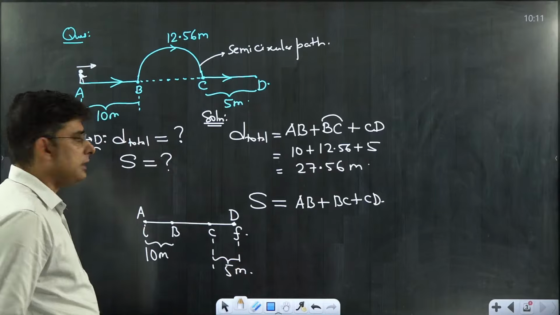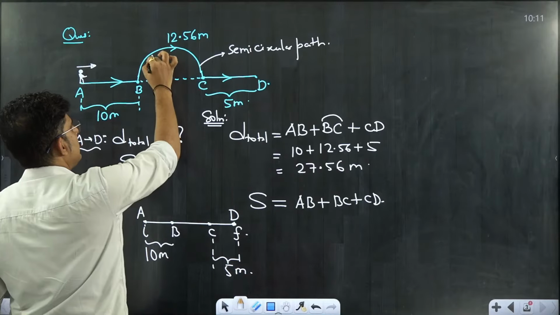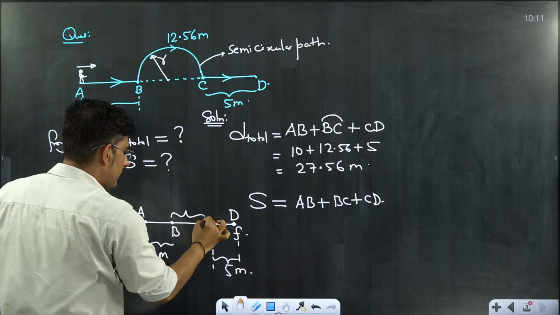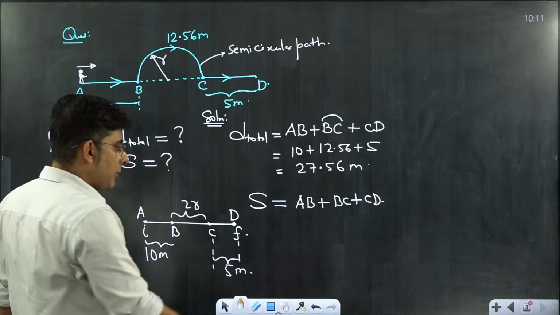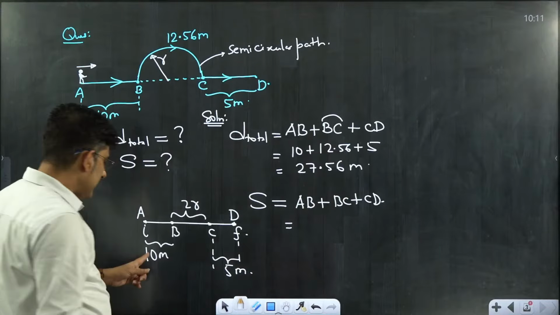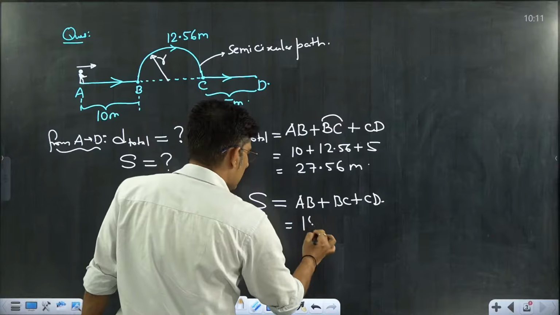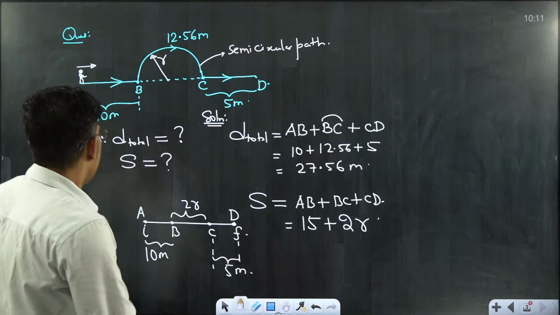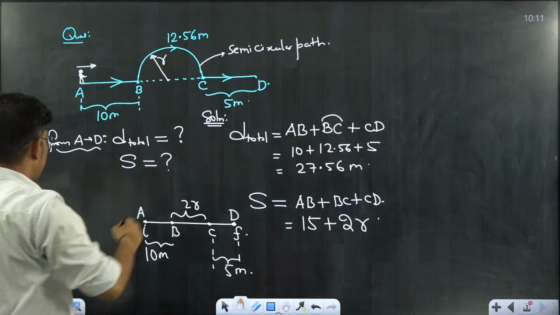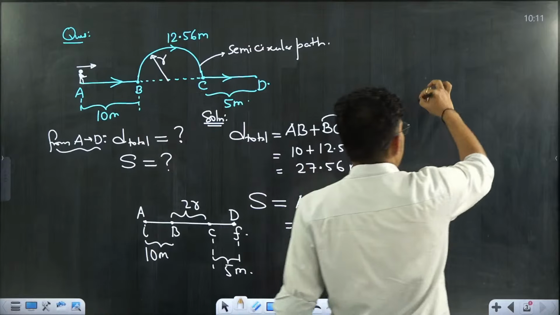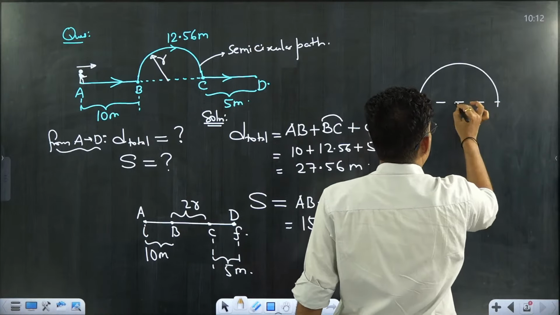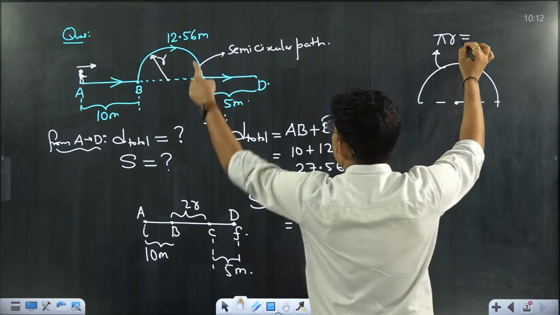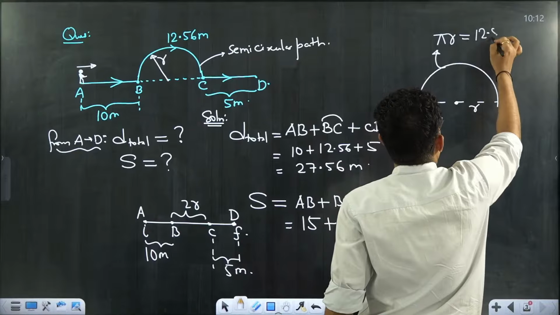Now what about BC? What I can do is, suppose I take the radius as R. If radius is R, so you can see BC is a semicircle, so its straight line length will become 2R. So my answer will be AB plus CD, which is 15, and BC is 2R. Now how to get the radius? Very simple. In this semicircle, with this being the radius, the semicircle length is pi r, and pi r is given to me as 12.56.